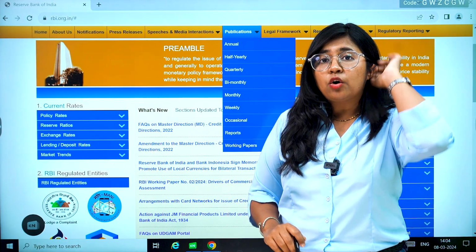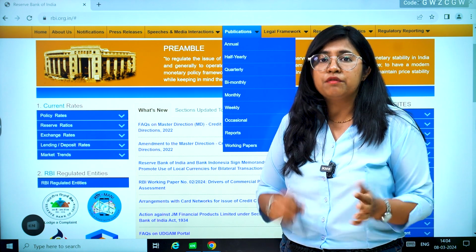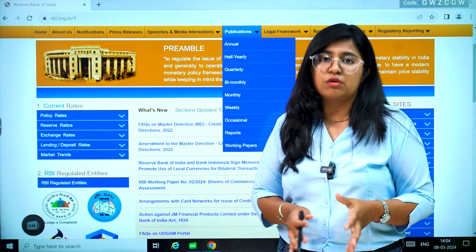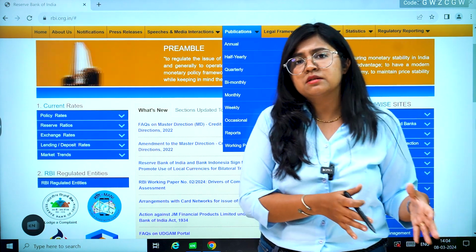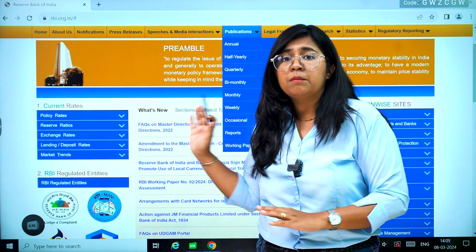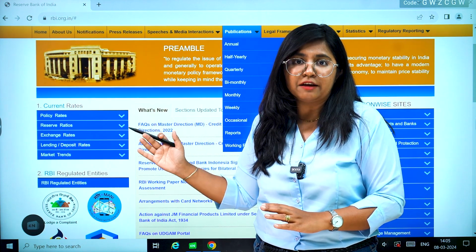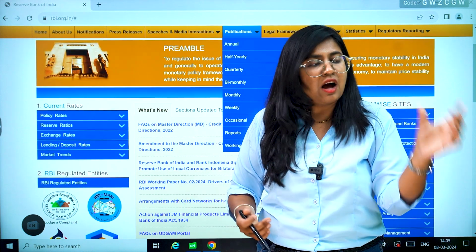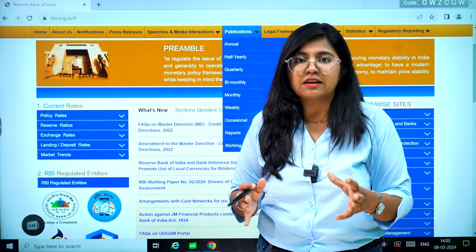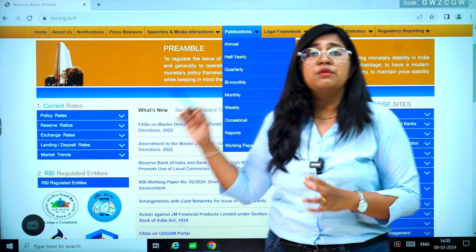These reports and documents are exceptionally important for you all to understand economics also. Macroeconomics, the theory that you read in the syllabus, is not different from what happens in practical life. But how does it happen? What is the application? How are these terminologies utilized is very fascinating if you read it.